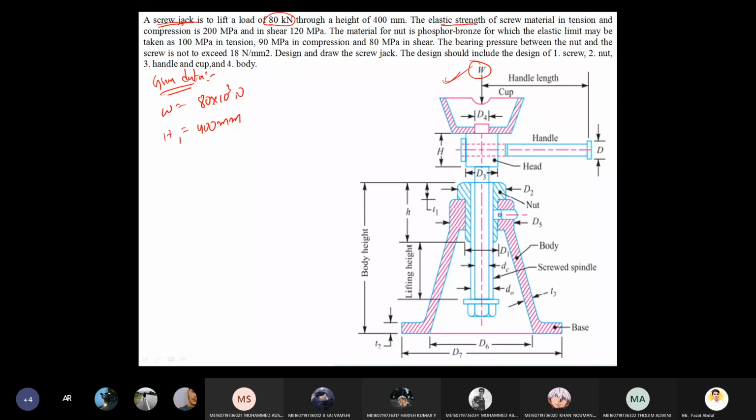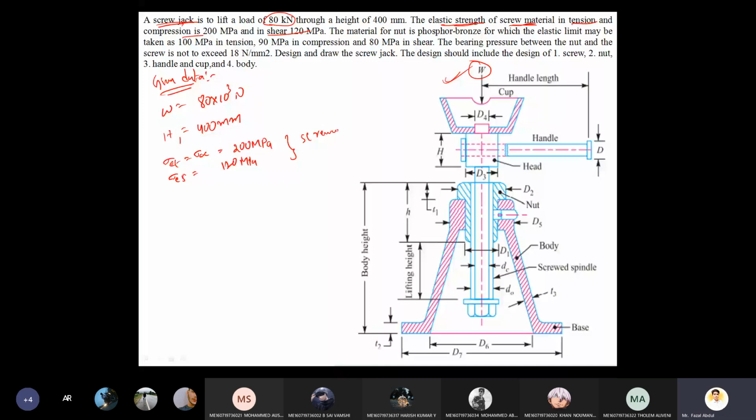Now, the elastic strength of the screw material, for the bolt in tension and compression, is 200 megapascal. In shear, the elastic strength is 120 megapascal. These two values are for the screw portion.